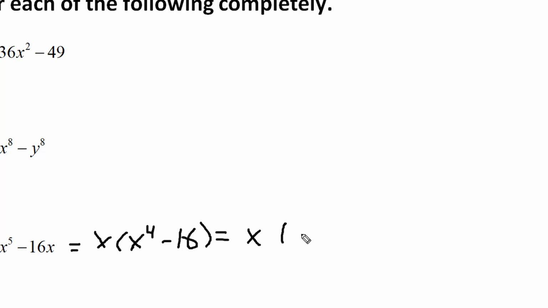So the x stays the same, and then this becomes x squared minus 4 and x squared plus 4.